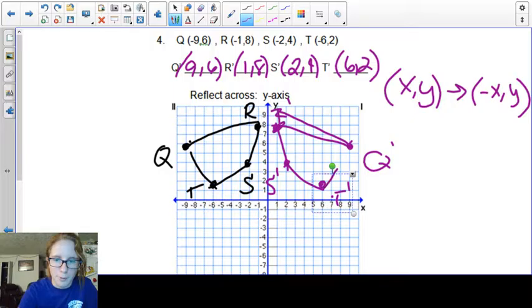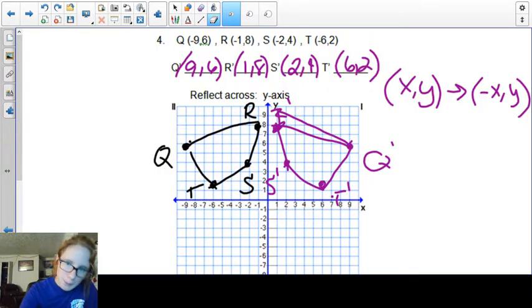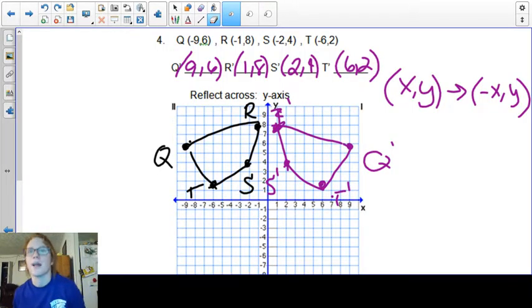I know it doesn't look the greatest the way I did it because I drew from my Q to the R letter, not my actual dot. And I should have, again, an isometry with these.